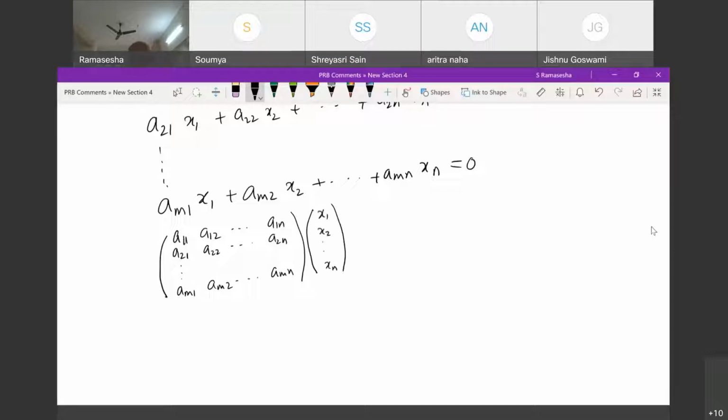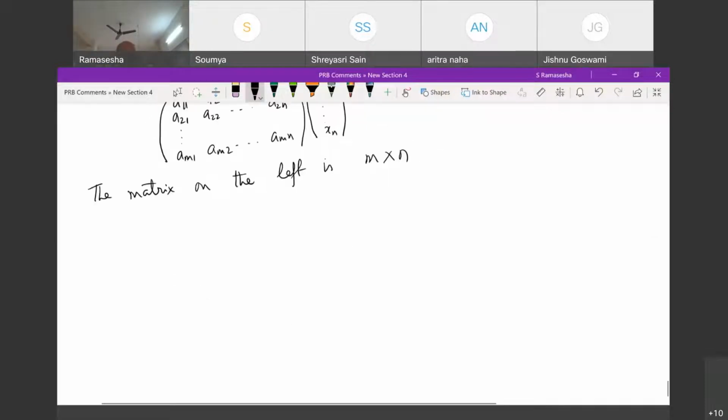So this is the general homogeneous system, and the matrix on the left is an m by n matrix. Now we want to solve this system. To solve this system, I have to define a few things.